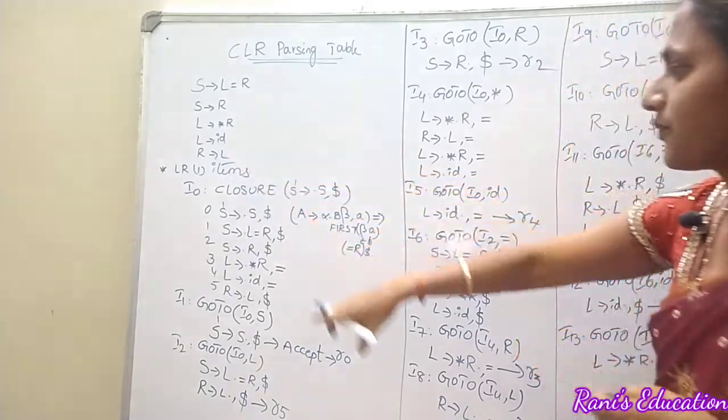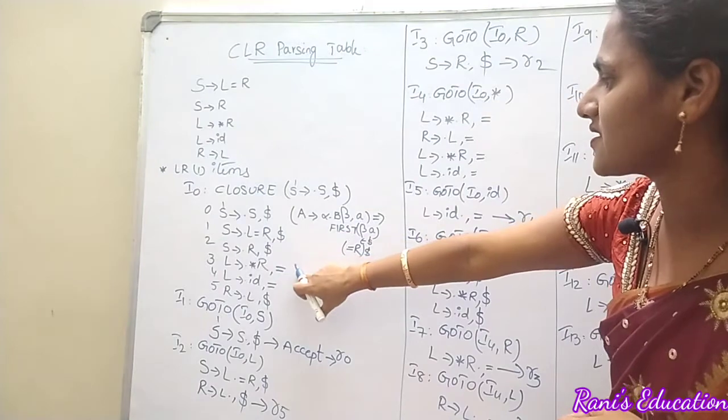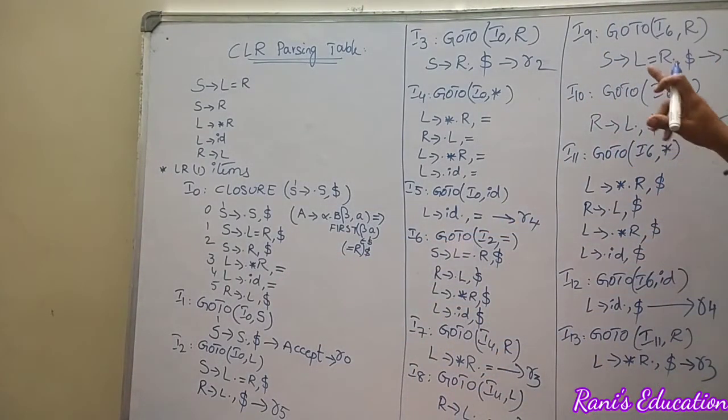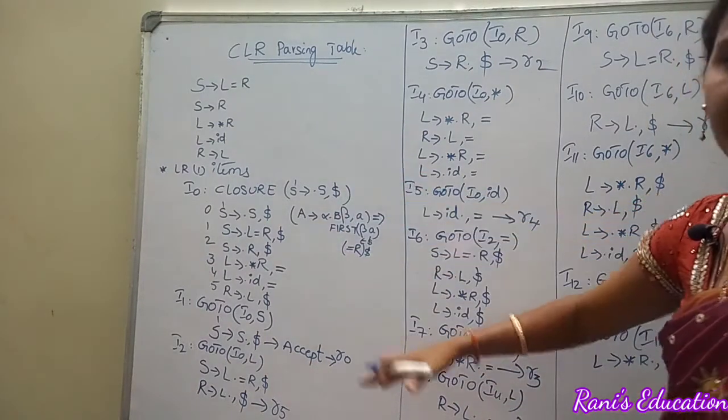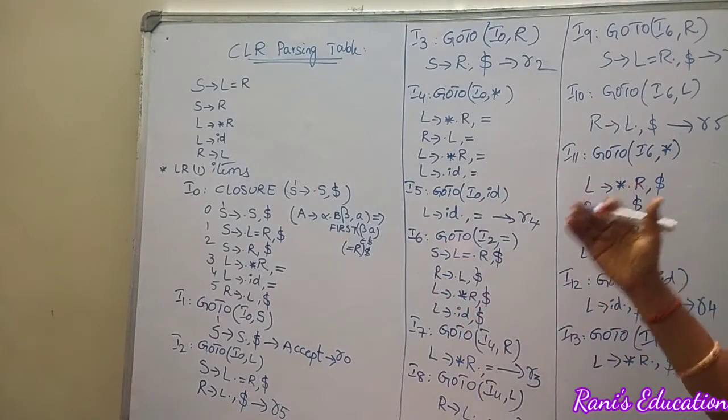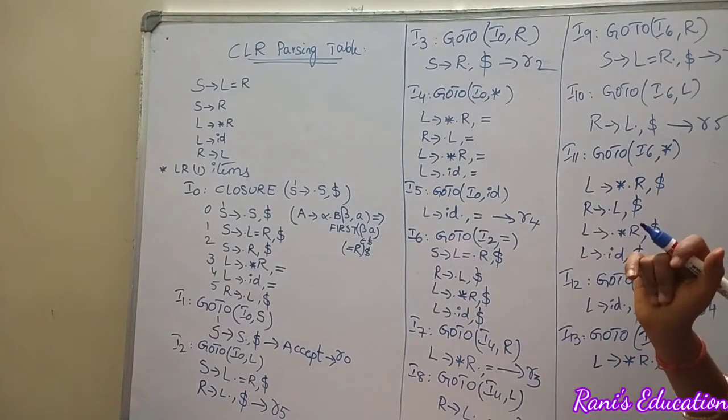What is the reduction number for L → star R? R3. You can see in the item construction whether R3 appears twice or not. In I13 we got R3, and in I7 also we got R3, isn't it? In that way we can easily check whether we have constructed the items in a correct manner or not.